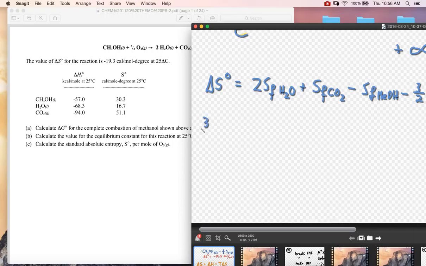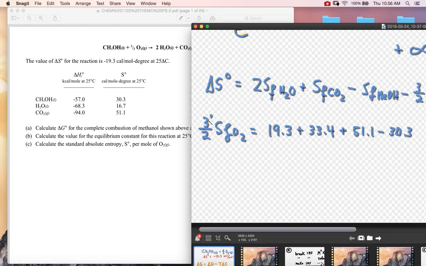So I'll get 3/2 S of formation of O2 is equal to, now, positive 19.3 plus 2 times 16.7, that will be 33.4, plus 51.1 minus 30.3.